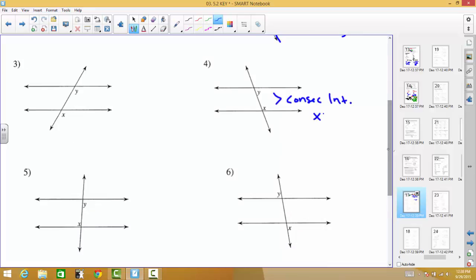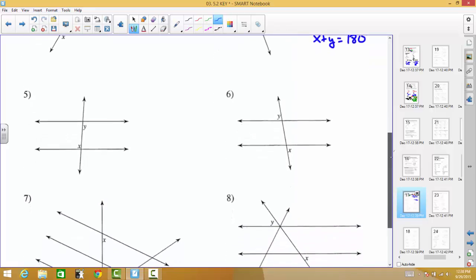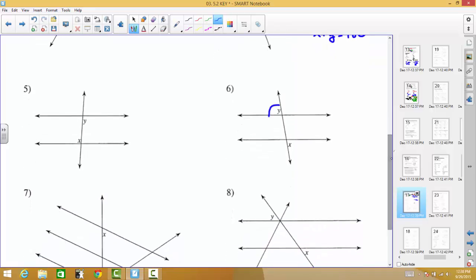And so x plus y will equal 180. And this is new. You have not learned that topic yet. In number 6, these are on the alternate side of the transversal and on the exterior of the parallel lines. So alternate exterior. And again, with everything except the consecutive interior, they are equal.